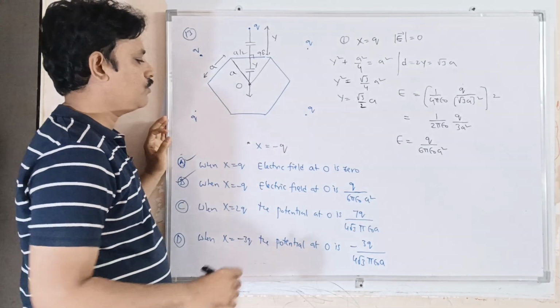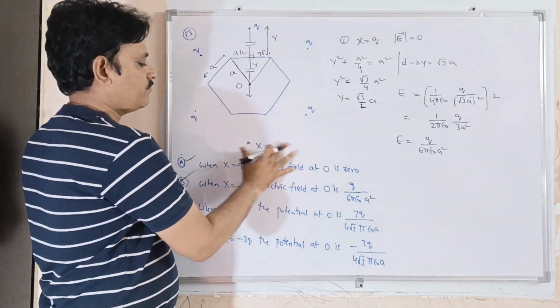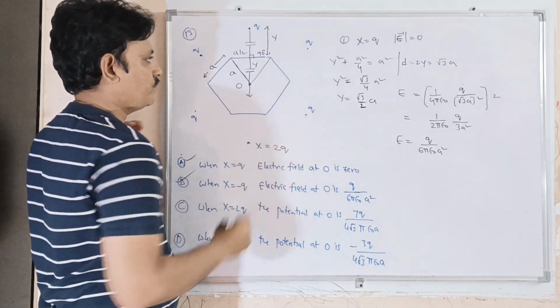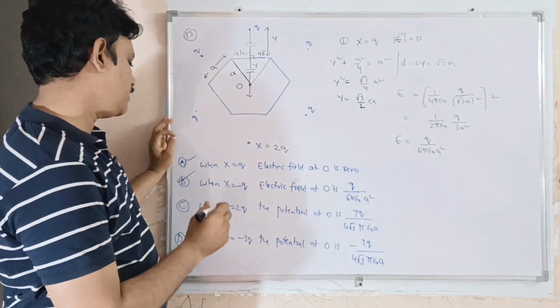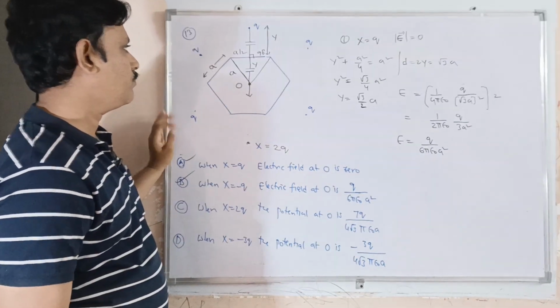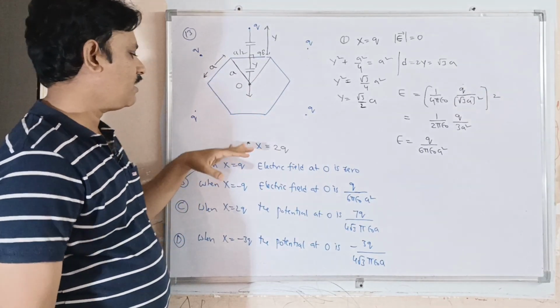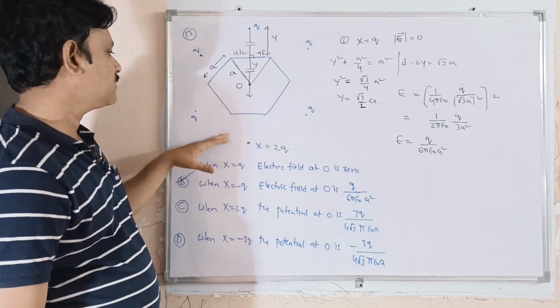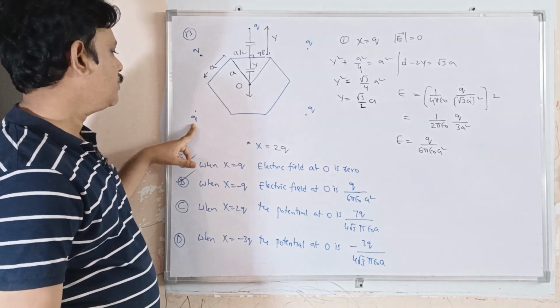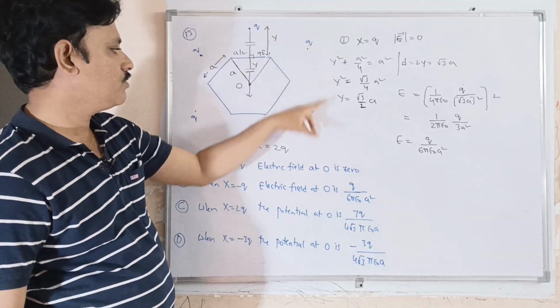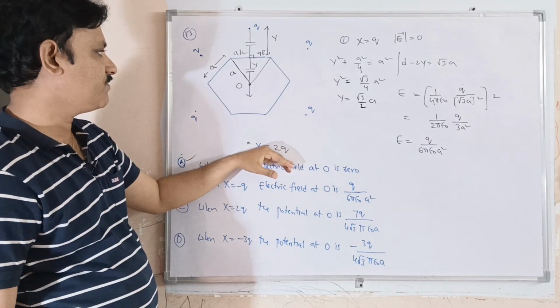If x is equal to 2q, take in place of x that is 2q, then what is the potential at O? Potential at O, we know, is 1 by 4 pi epsilon naught q by r. So how many charges are here? 2q, q and q and q and q and q. 5 q's plus 2q, that is 7q.